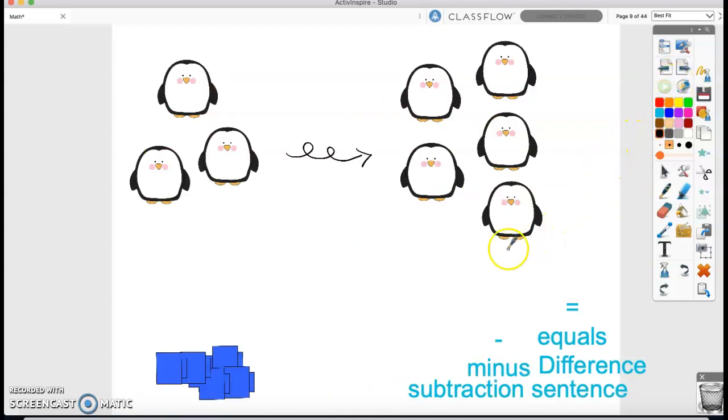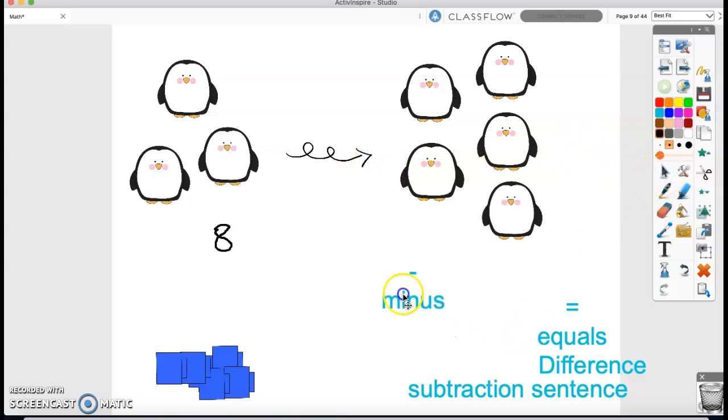Here we go. How many penguins do you see all together? How many penguins did we start with? Let's see. 1, 2, 3, 4, 5, 6, 7, 8. If you said that there are 8 penguins that we started with, great job. I see some penguins are leaving.